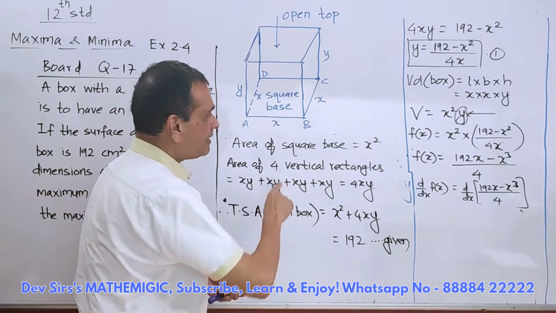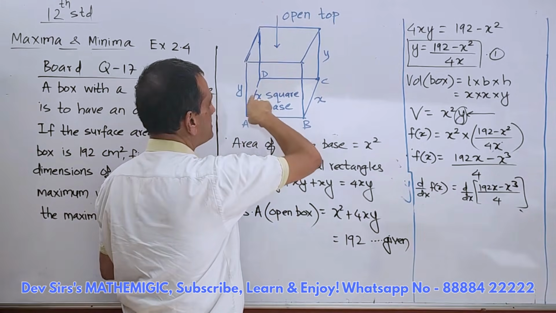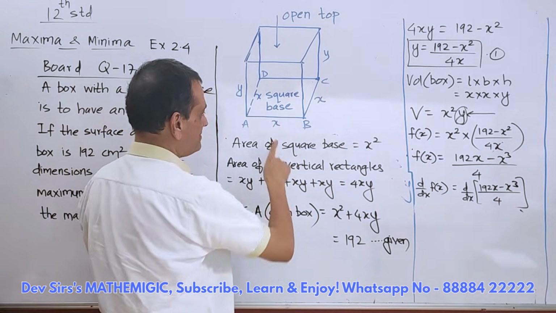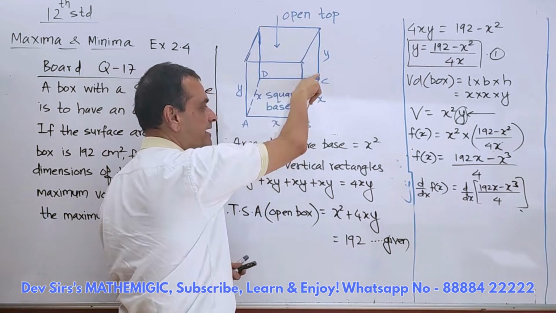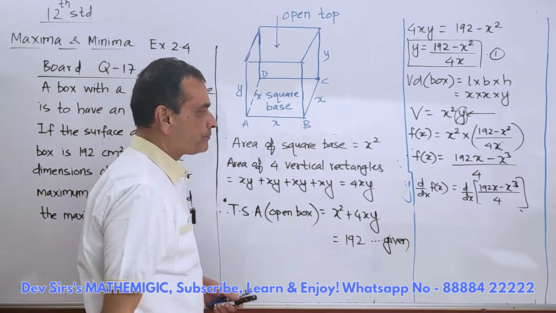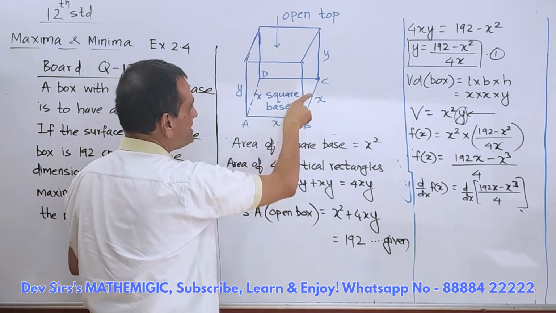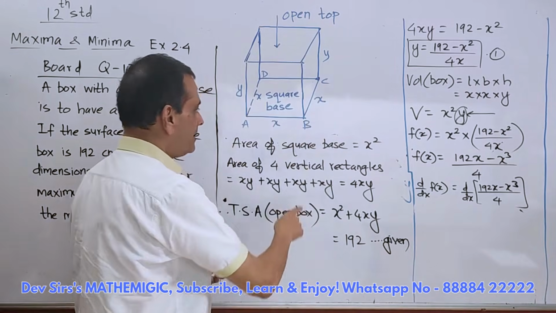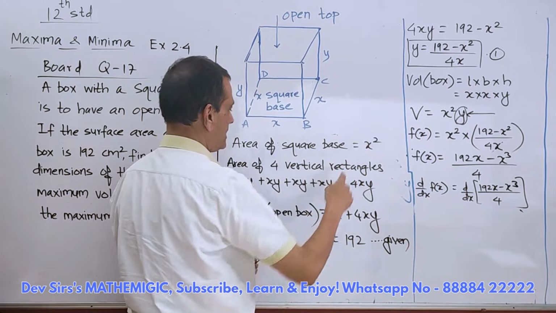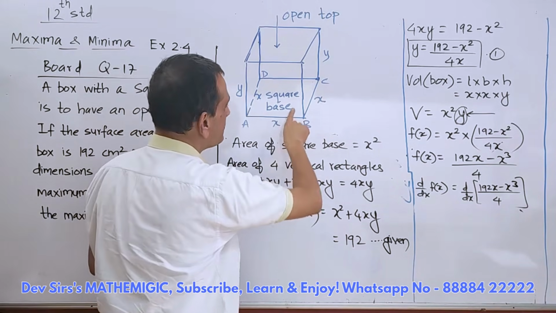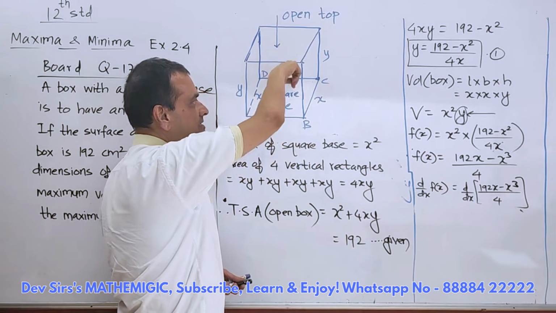Okay. So अगर if you take the side of the square as x, base is a square. So let each side be x. So area of the square base, what is the formula? क्या है दोस्तों? Area of the square base का simple x squared. Right? Area of 4 rectangles. Now suppose the height of this is y.